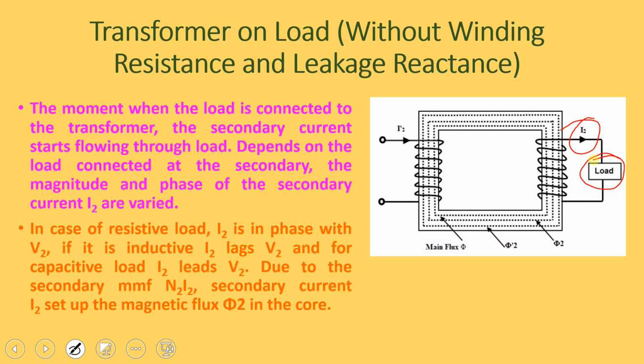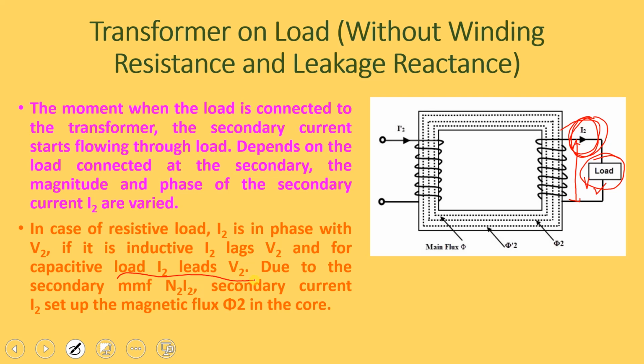So when we connect a resistive load to the transformer, this I2 current is in phase with the voltage V2. Similarly, if we have a capacitive load, I2 leads voltage V2, and if we have an inductive load, then I2 lags V2.